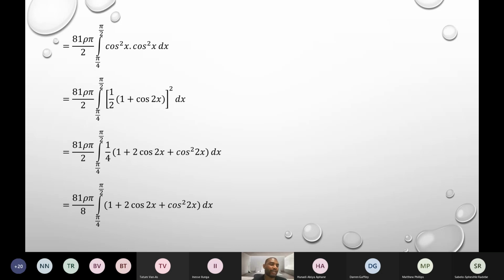You separate it to be cos squared times cos squared. And then where there's cos squared, you put half of 1 plus cos 2x. Now, some people might write it like this. It will be the same, right? Okay, this and that is the same thing.